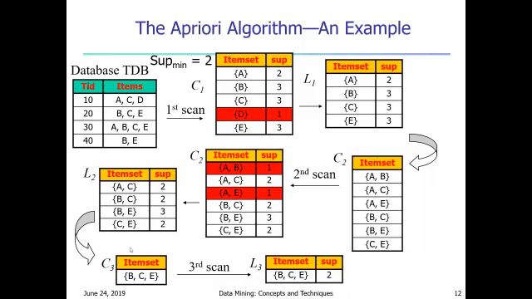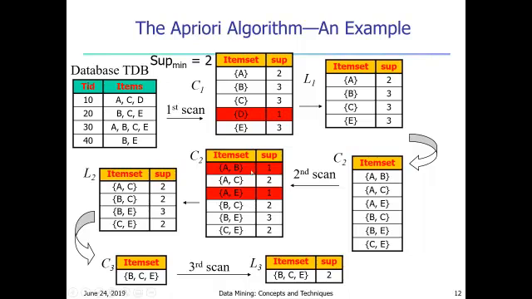Using the 4 item sets we generate the possible 3 item sets, that means k plus 1 again. After considering the k plus 1 item sets, we can generate ABE and BCE.